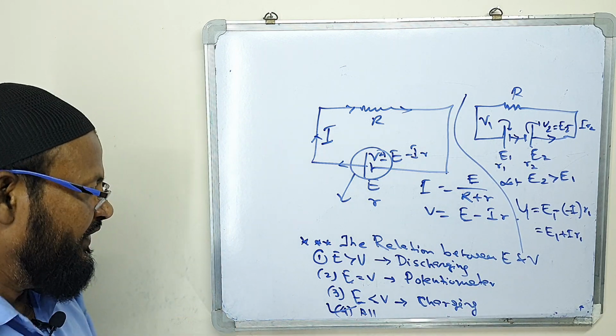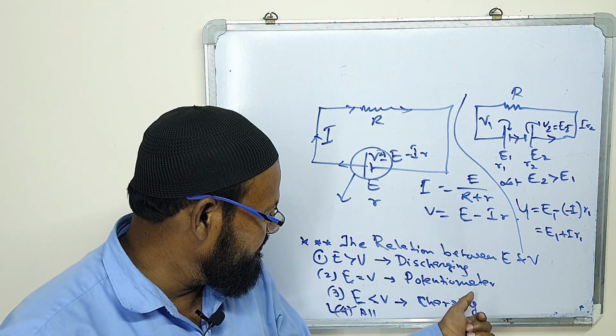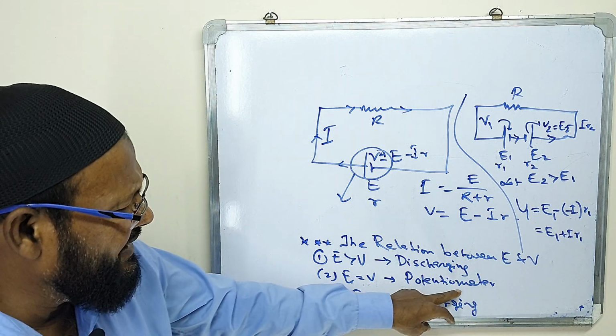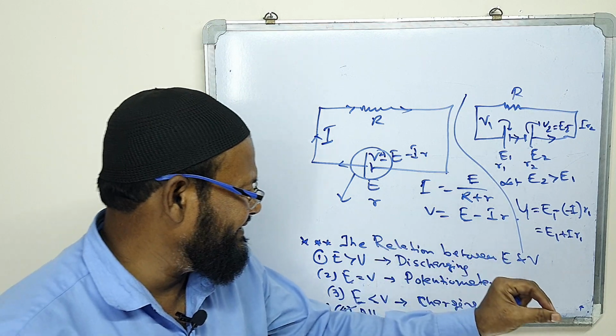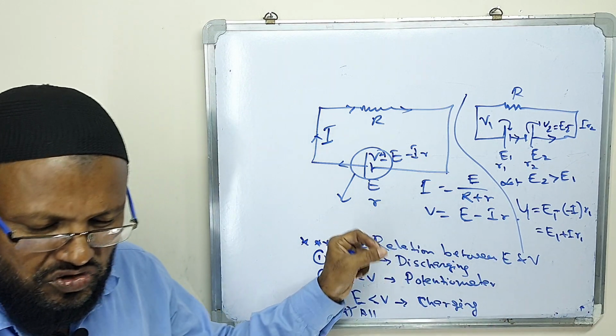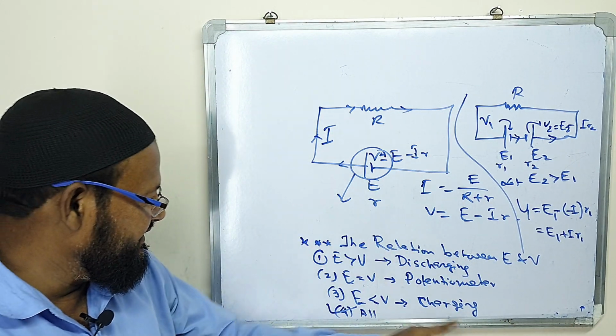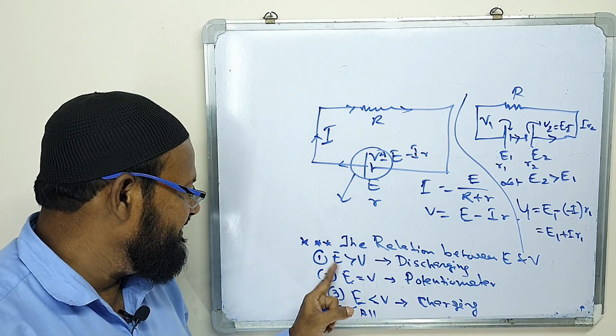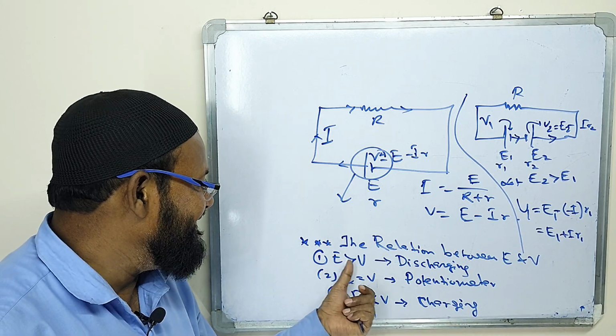Be careful. I will discuss this part later. This is a very important topic of current electricity. We have to know the potentiometer in detail. This is charging, E less than V. This is discharging, E greater than V.